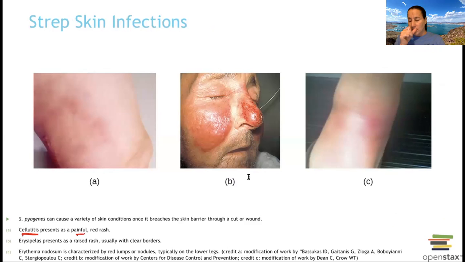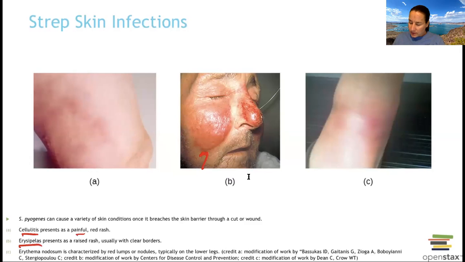It can also cause erysipelas, and this one is raised up, so it looks swollen and the edges look clearish. So we can see this on the face. Sometimes you might see it on the legs as well.